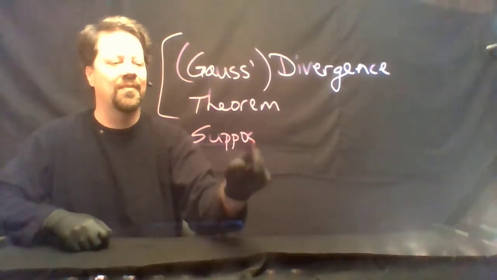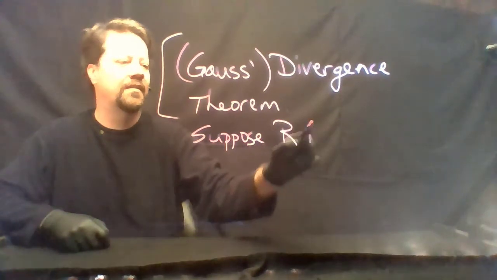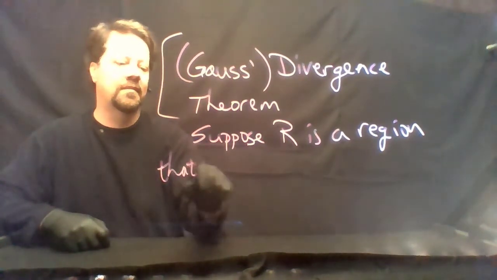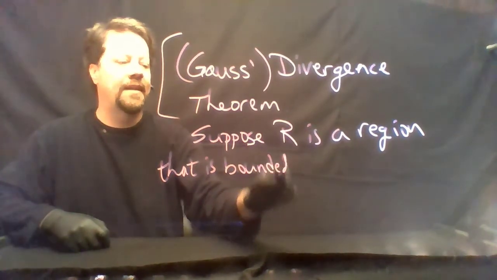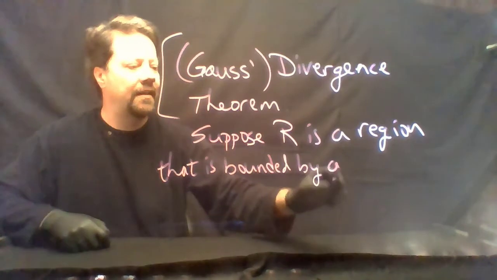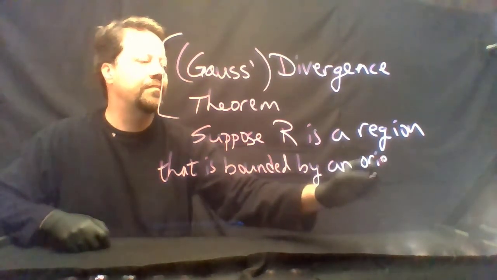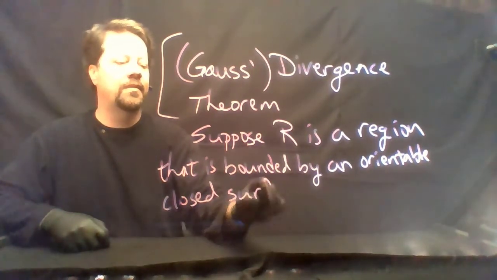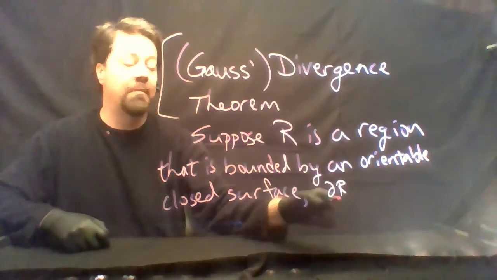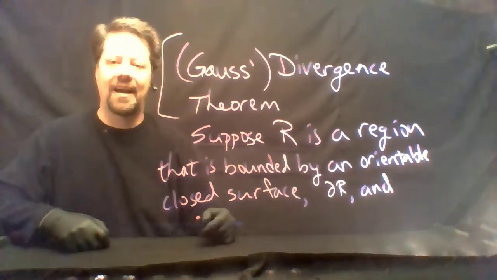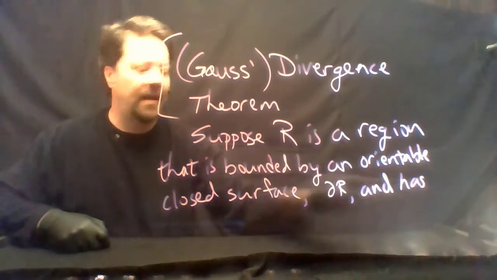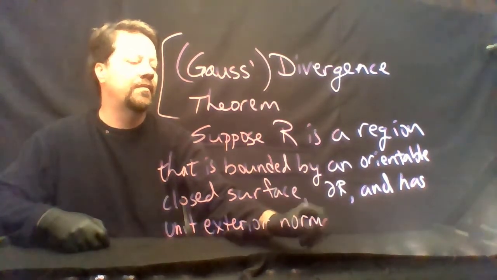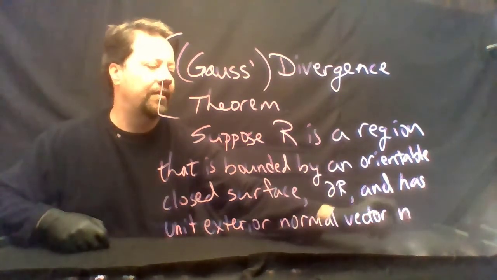Suppose R is a region that is bounded by an orientable closed surface, denoted by the boundary of R, and has unit exterior normal vector n.